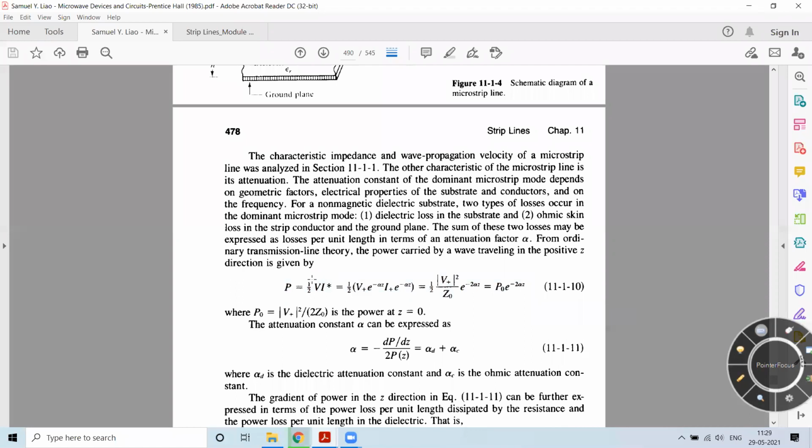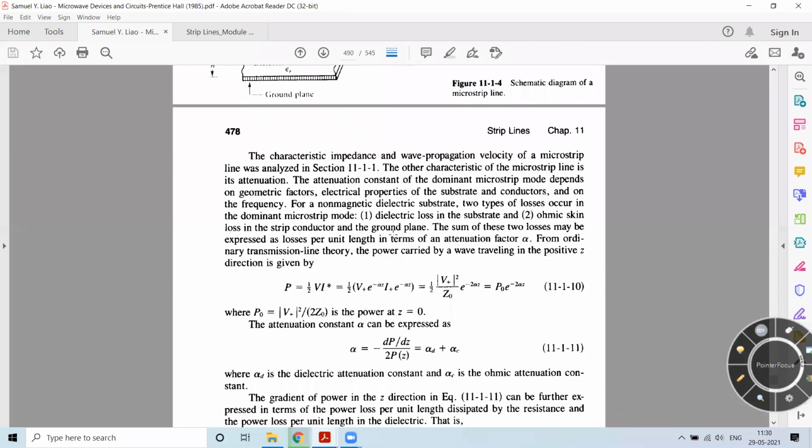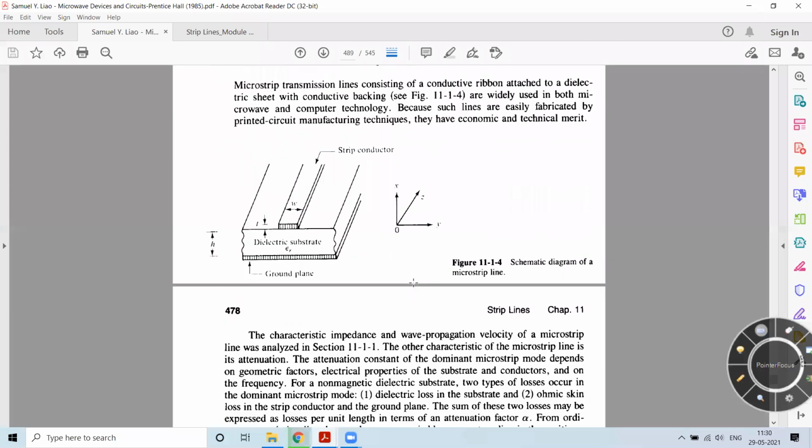So when we consider the average power, it is V into I star divided by 2. Now when we substitute the V and I parameters based on the previous analysis, we reduce the equation to the incident parameters. You can observe that this microstrip line is placed along the Z axis, so the attenuation is present along the Z axis.